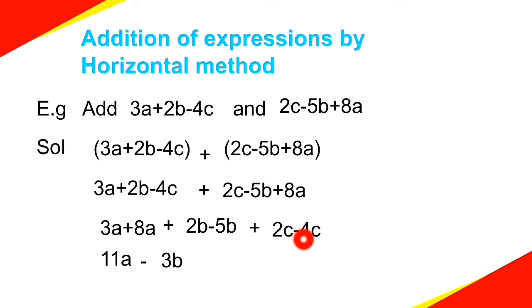For 4, we have a negative term. So in these two, what is the largest number? 4 is the highest number. So for 4, what is the symbol we have? Negative. So in the result also we will get negative. Minus 2 minus 4. What can we get? Right, very good. 2c. So what is the result we got? 11a minus 3b minus 2c. Okay.